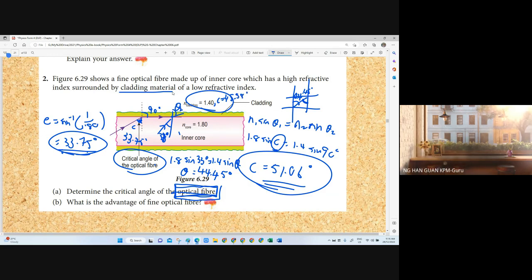Okay, so with this example, compared to without the outer cladding, there will be no chances for the light to bend and come back in. Okay, let's say here is without outer cladding. Without outer cladding means that here will be 1.0, which means it will go straight away out to the air. Go out to the air. So it will be 1.8 sin 33 multiplied.